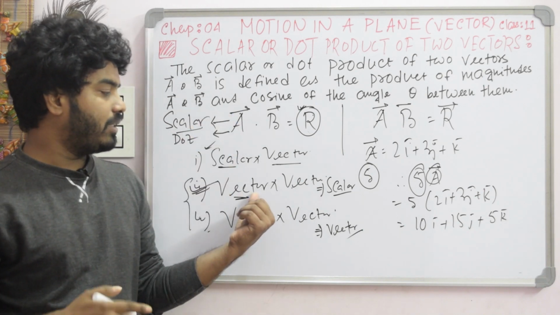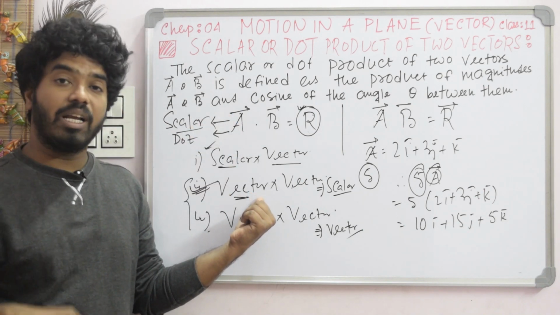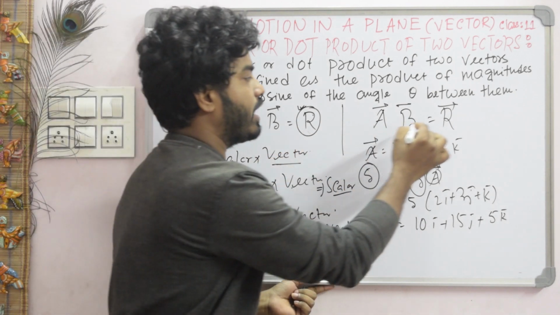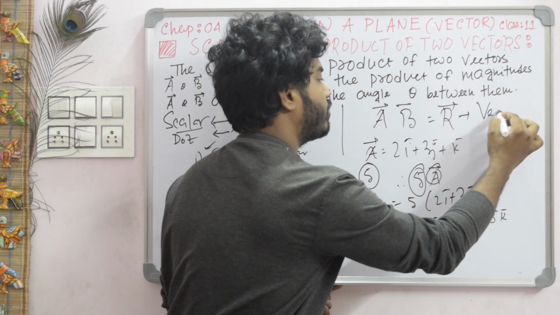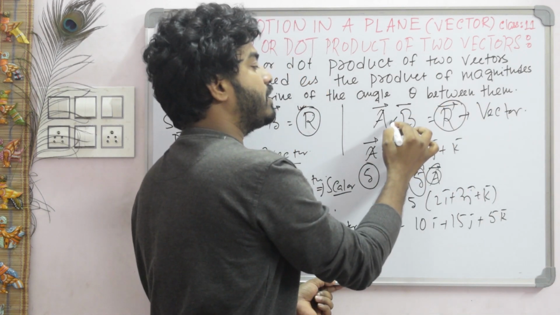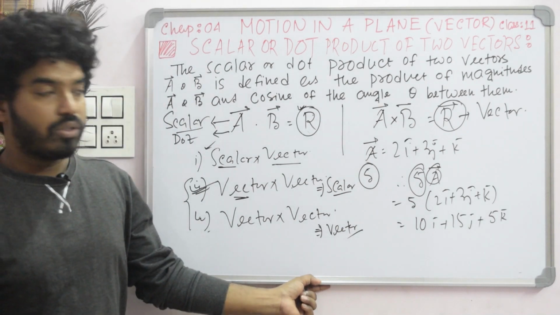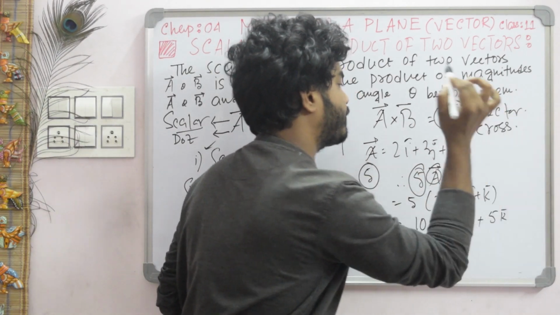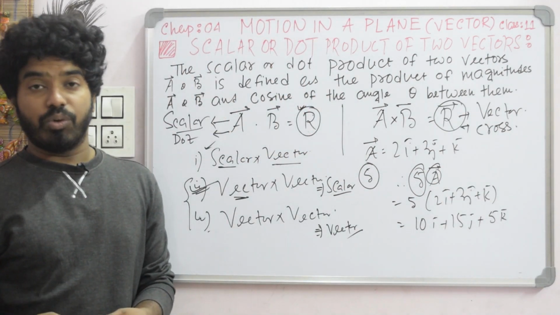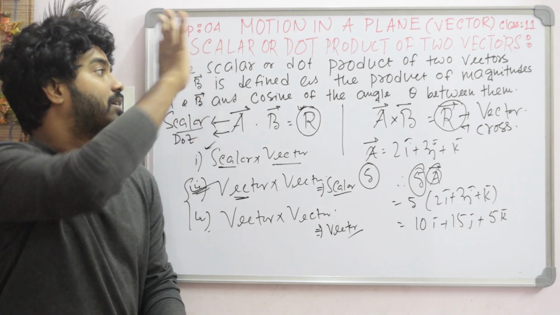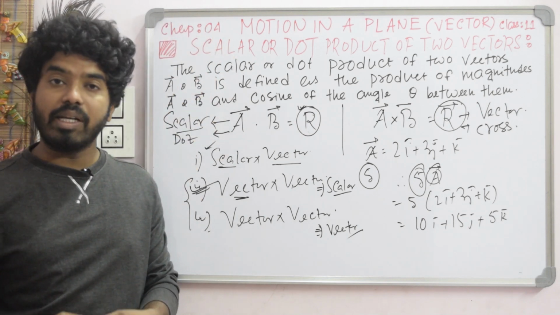So this one is named as dot or scalar product, and this product gives a scalar quantity, and this one is named as vector product. Why vector? Because this gives a vector quantity and it is represented by this symbol, cross. So another name for this is cross product. So in this class we will learn about the scalar product or dot product of two vectors.